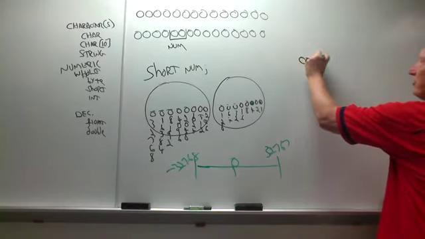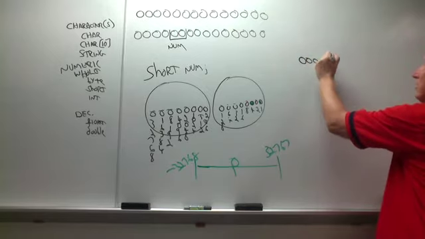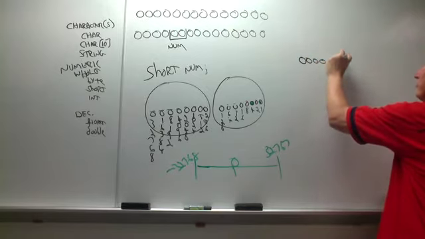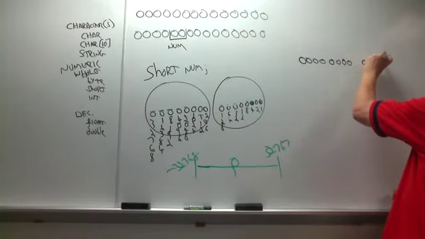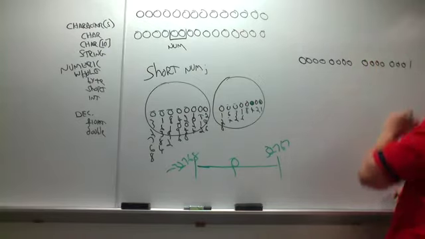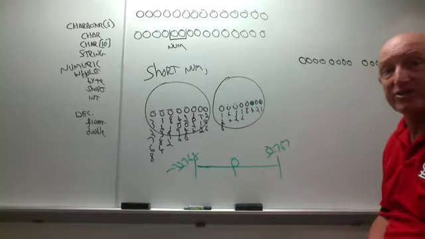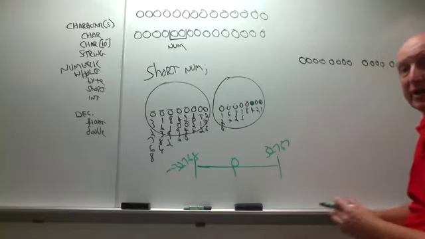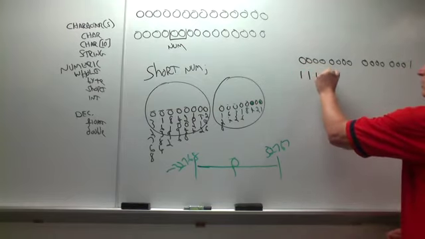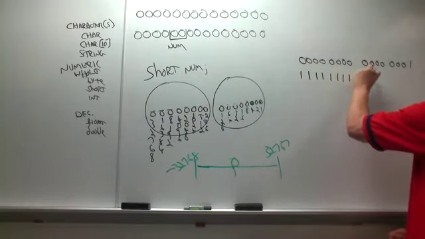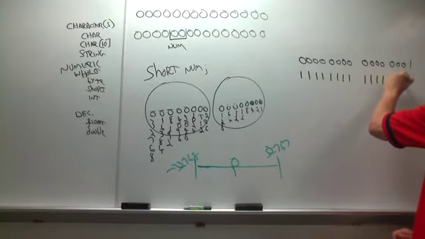0, 0, 0, 0, 0, 0, 0, 0. That's 1 byte. And then 0, 0, 0, 0, 0, 0, 0, 1. That is a positive 1. Now I have to flip the bits and add 1. So 1, 1, 1, 1, 1, 1, 1, 1, 1, 1, 1, 1, 1, 1, 1, 0.